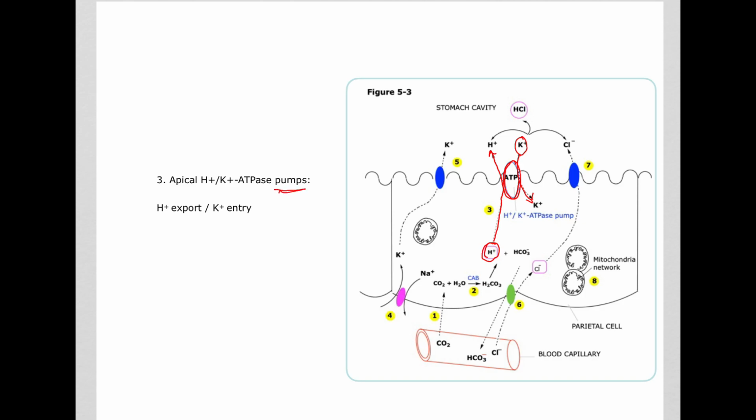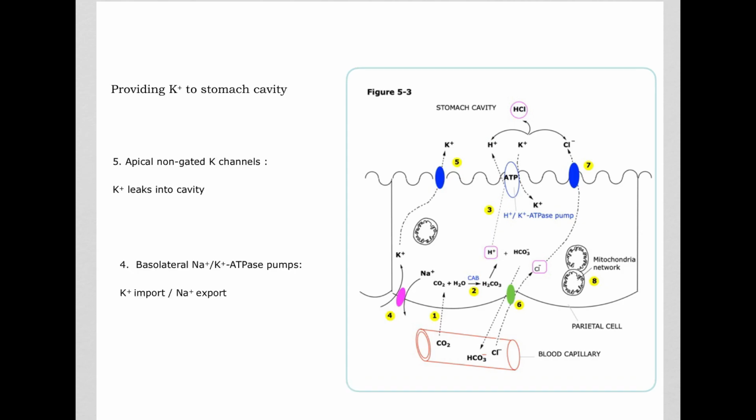These pumps are called the proton potassium ATPase pumps, and these are found on the apical membrane of the parietal cell. Since these are pumps, they would need a lot of energy, so they would use quite a bit of ATP to pump protons from the cytoplasm into the stomach cavity.